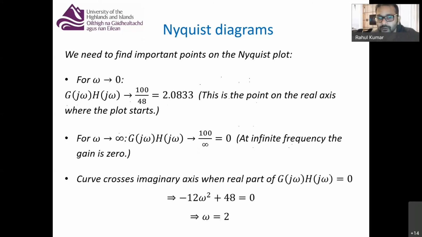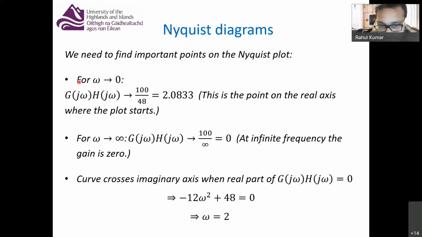Now to plot this Nyquist diagram, we have to again find some starting points and some points along the real and imaginary axis, or along the x and y axis. So first we have to find the starting point from where the Nyquist plot will start.